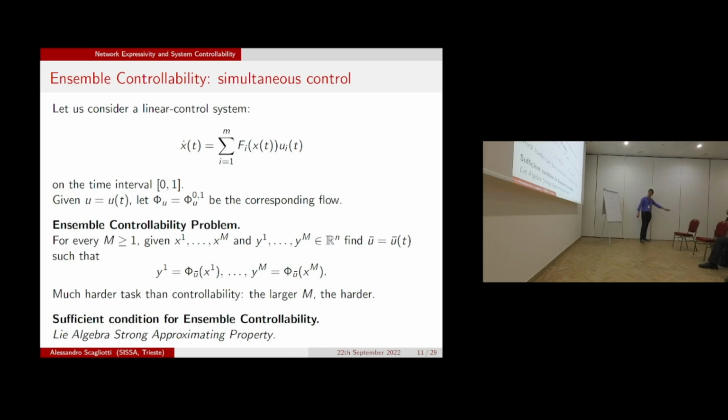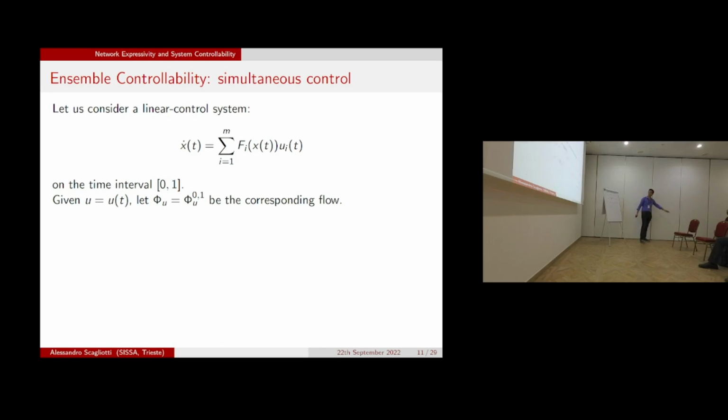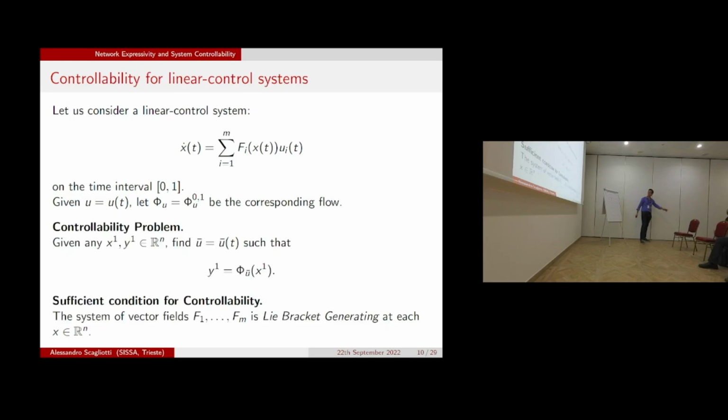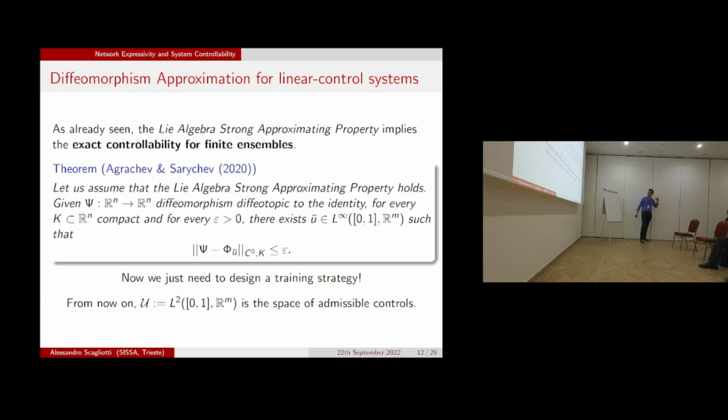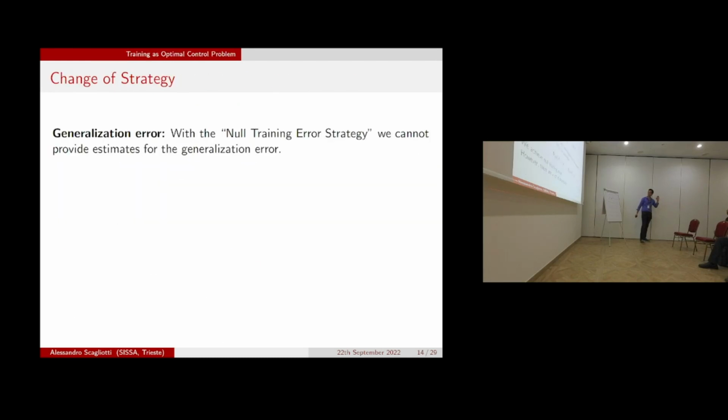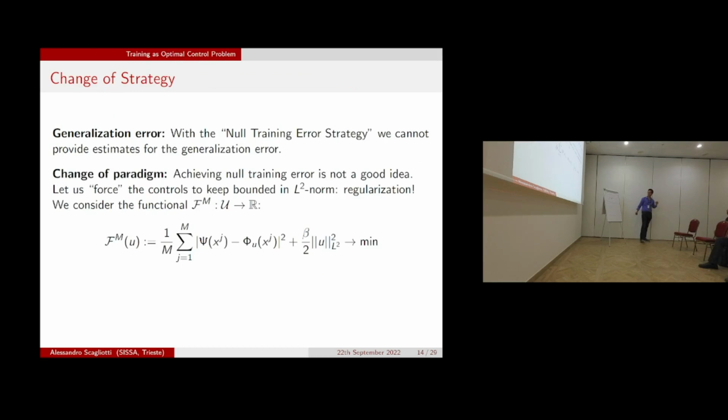No. The L2 norm is penalized. The L2 norm is the integral of... No, it's not of the last. Okay, the L2 is an integral done on the evolution time. So the L2 norm of the control.